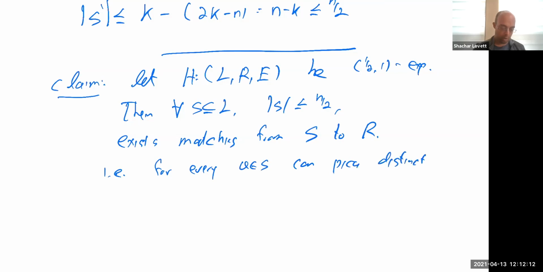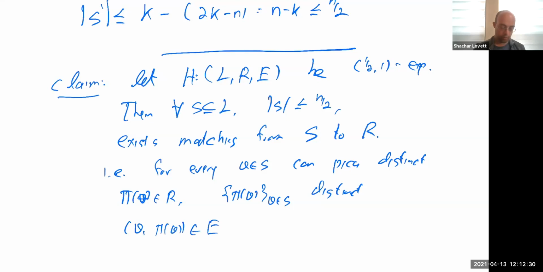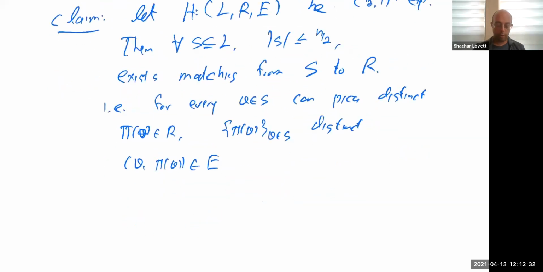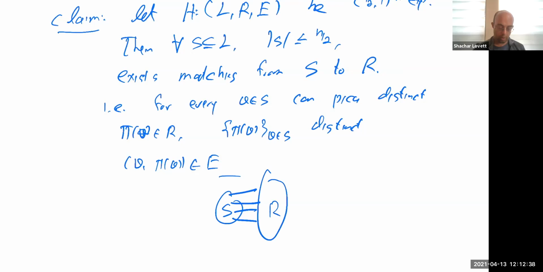Let's call this pi of v in R, where all these pi v, v in S, are distinct, different, and v, pi v is an edge. So every node in S, we can connect to a node in R.